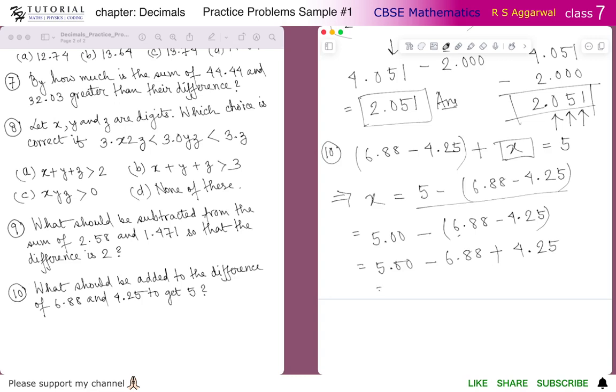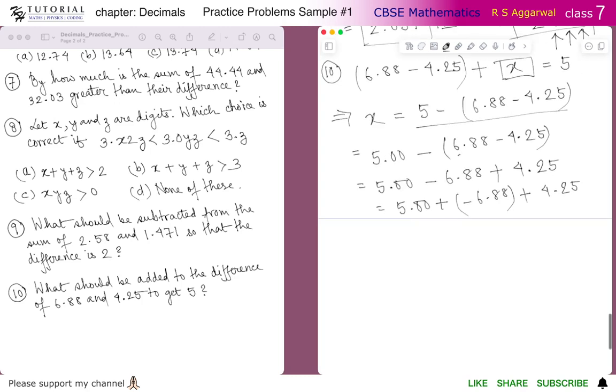This is what I already discussed, how to simplify an expression of decimal numbers with addition and subtraction. You first convert all the decimals to like decimals, and then convert all the subtraction operations to addition operations, like we did minus 6.88 to plus the additive inverse of 6.88.